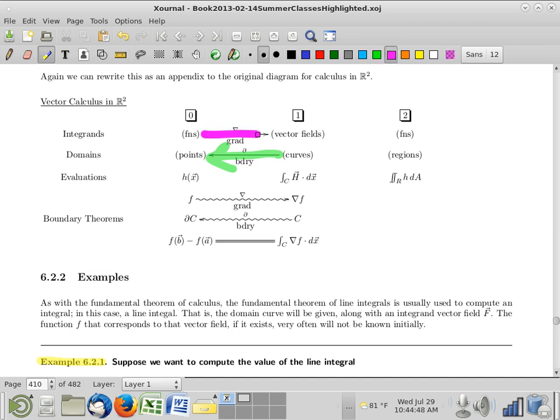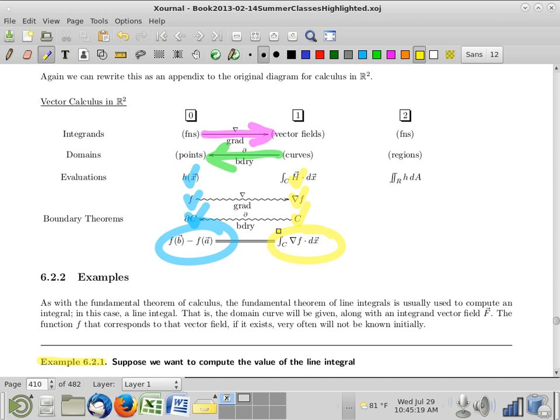What we have found is that the gradient operator is the operator such that this kind of evaluation of the original function on the boundary of the curve gives you the same result as this kind of evaluation of the gradient field over the original curve, namely that. So, in terms of how it looks on these diagrams, it's really similar to the fundamental theorem of calculus.